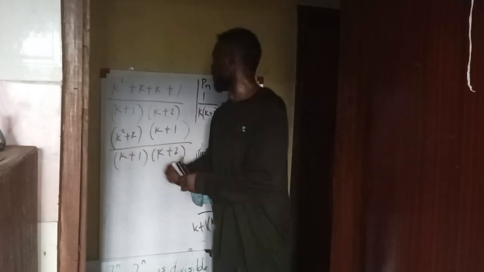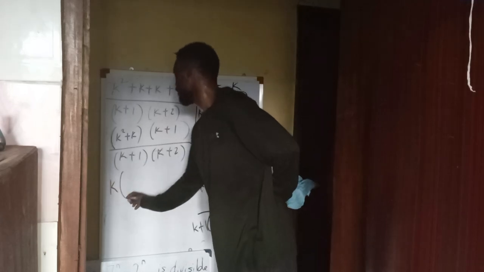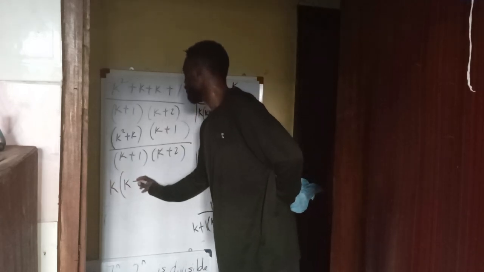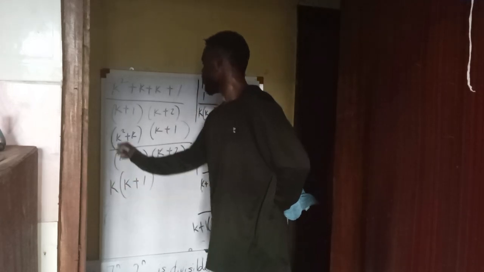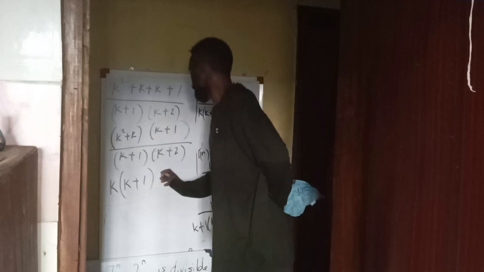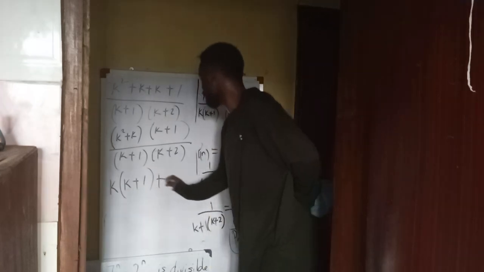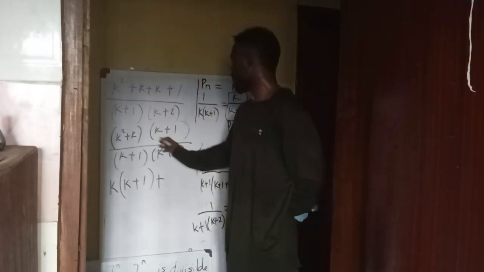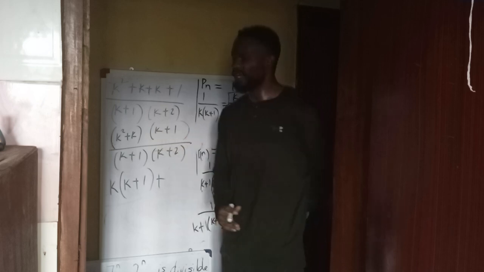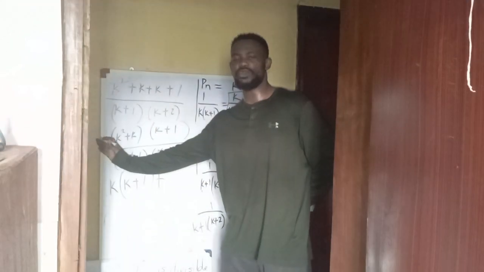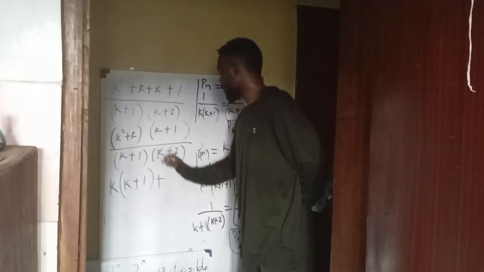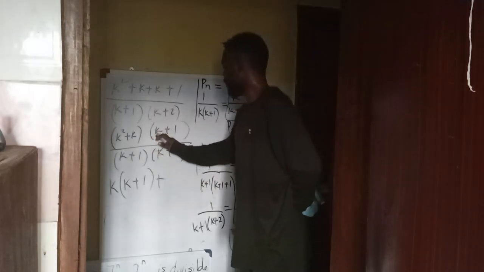So I will now say, let's continue. What is common here? k, then I have k plus 1. k times k squared, k times 1, k. Then plus this side, I'm trying to factor out what is common in this place. In fact, once you're able to factor the first one out, always replace the second one with what you have inside.